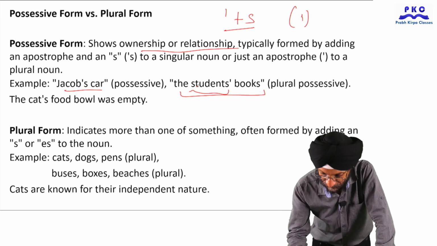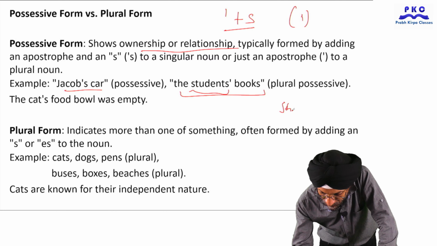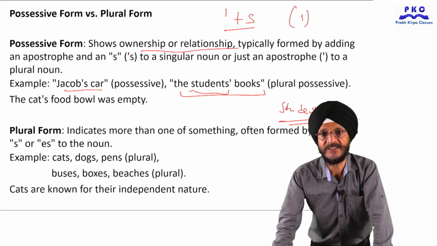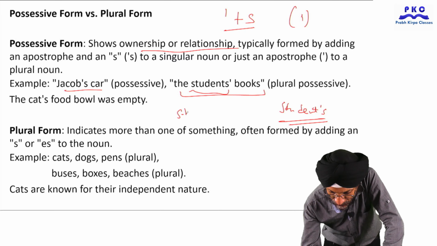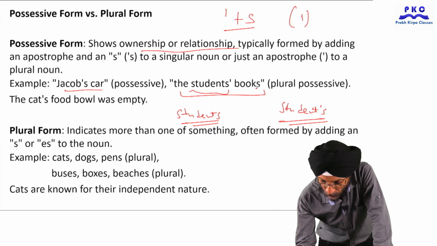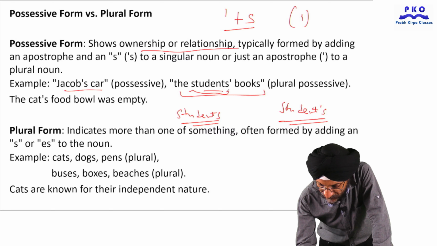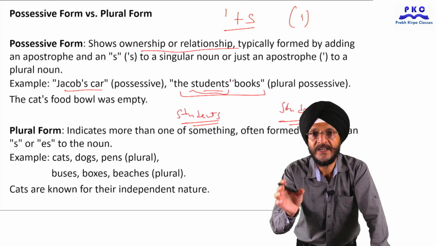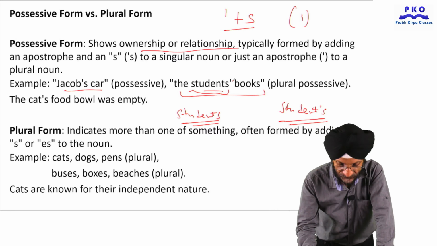If we write student apostrophe s, it becomes possessive. If we simply write students, it becomes plural form. Here we have put the apostrophe after students, so it becomes plural possessive.